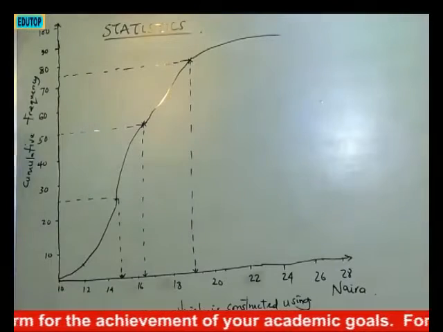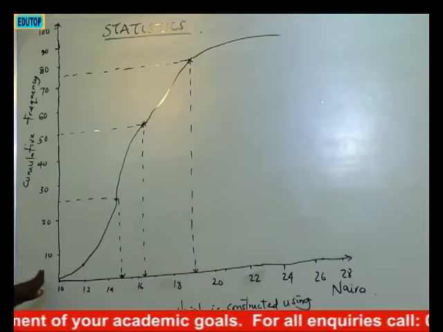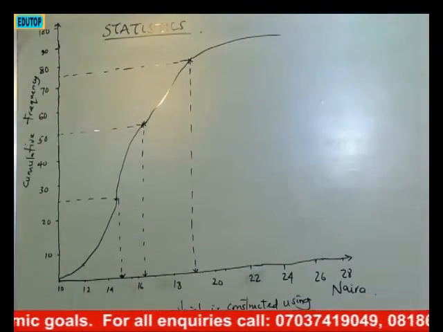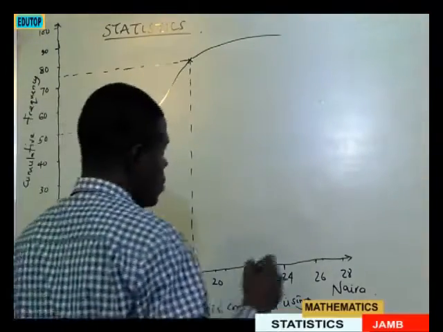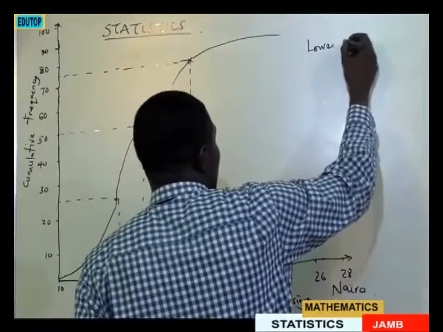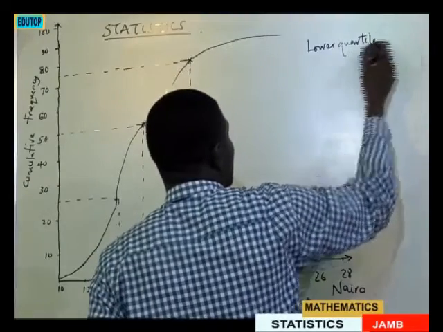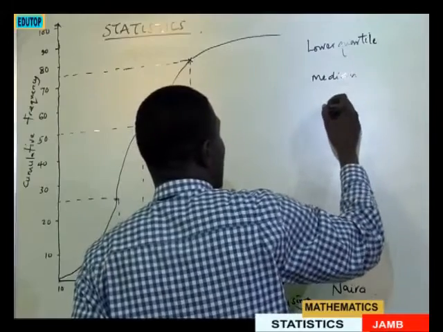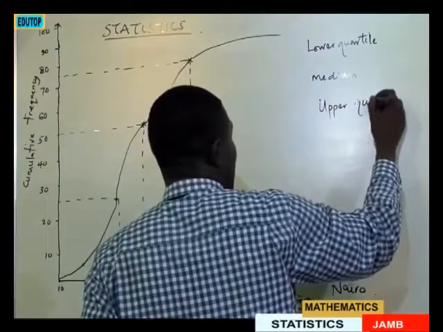On the vertical axis, we have our cumulative frequency, and on the horizontal axis can be naira, score, marks, etc. Now, if we are considering our OGIF, we have to consider the lower quartile, the median, and also the upper quartile.